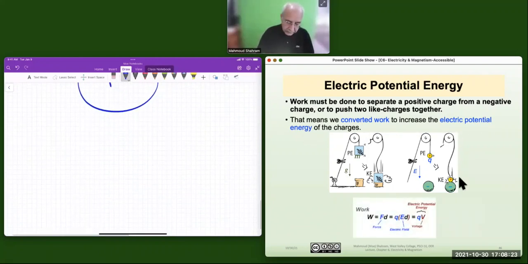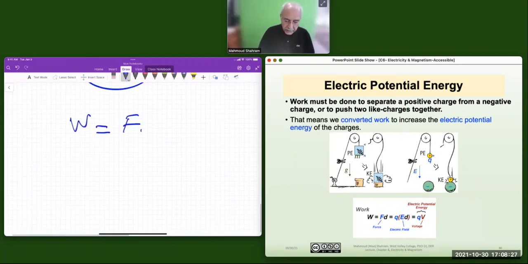Remember the concept of work? Work was force times distance. We learned that earlier, right? Now force, in the case of electrical charge, we just showed that force was equal to what? Force was equal to charge times electric field. Now where is that electric field?